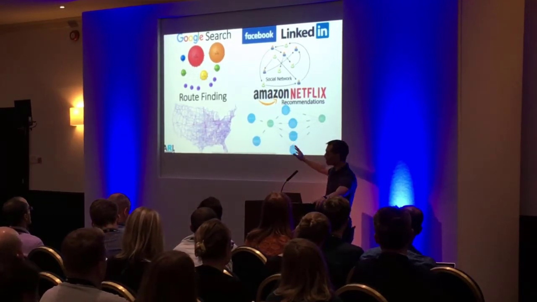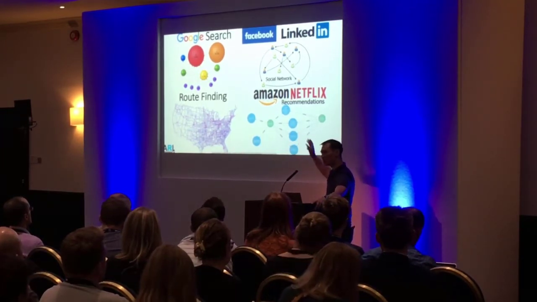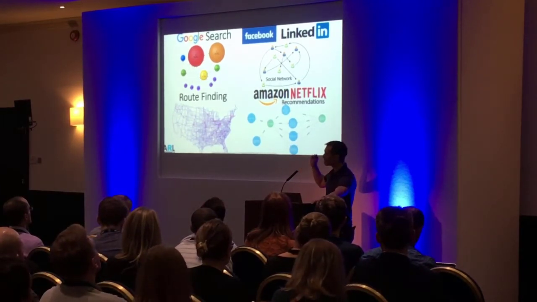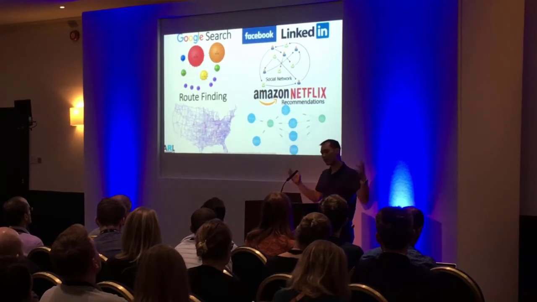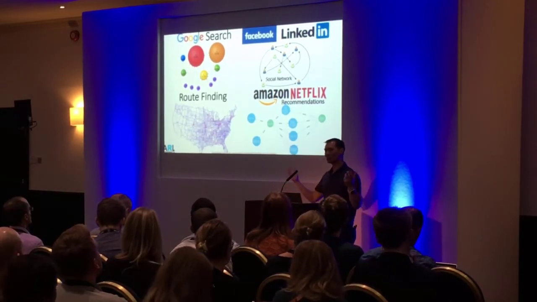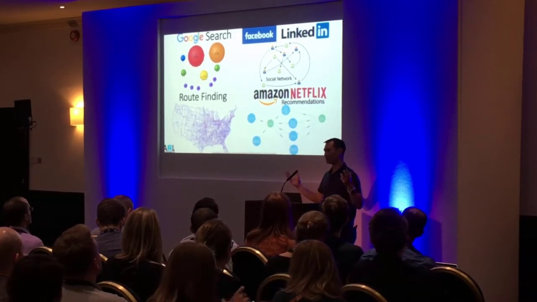Everything here, you'll notice, puts a lot of emphasis on the connections between all of these different points. When you're working with a database and you've got two tables and you want to join them, you're connected by your primary and foreign key.